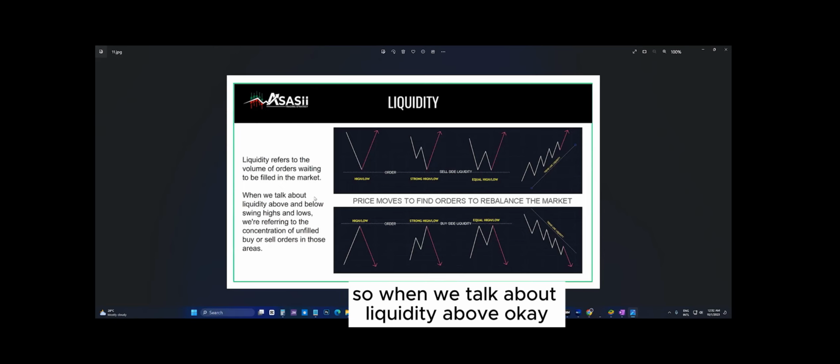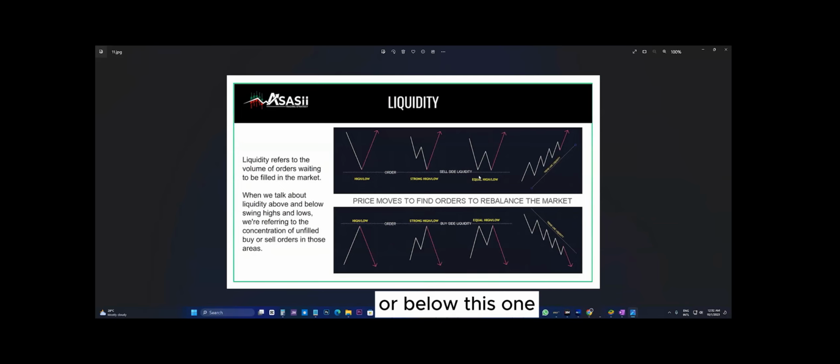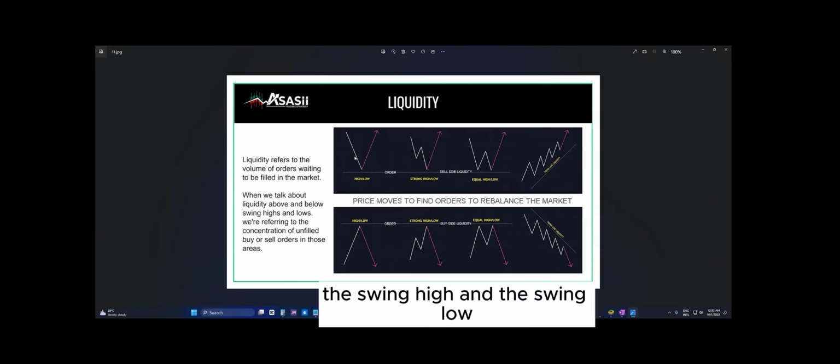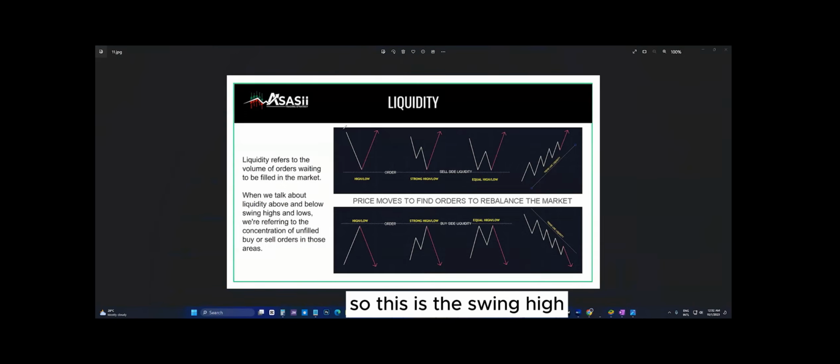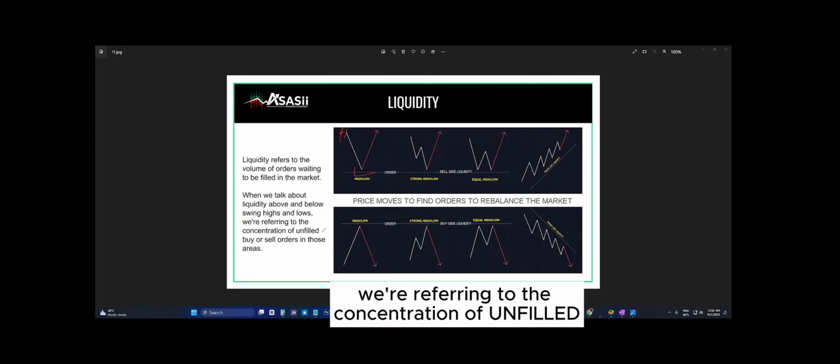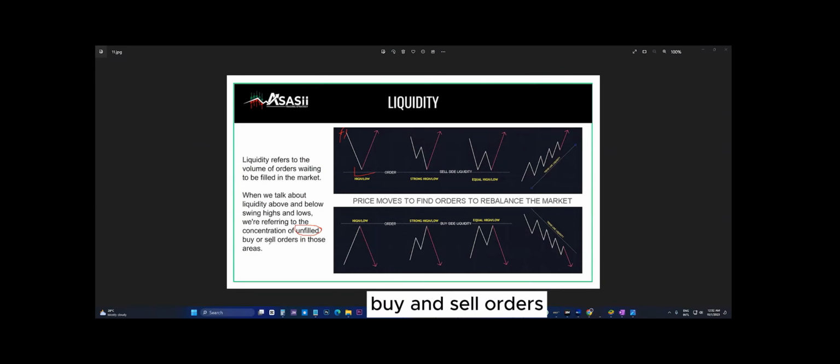So when we talk about liquidity above or below this one, the swing high and the swing low, we're referring to the concentration of unfilled buy and sell orders.